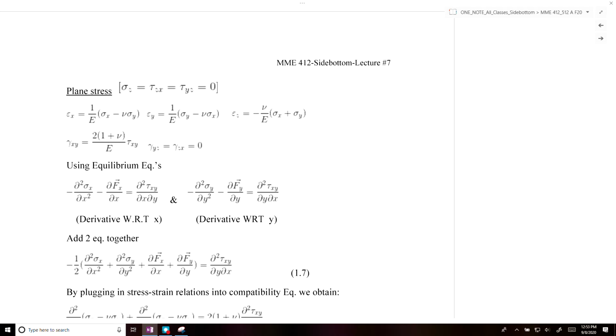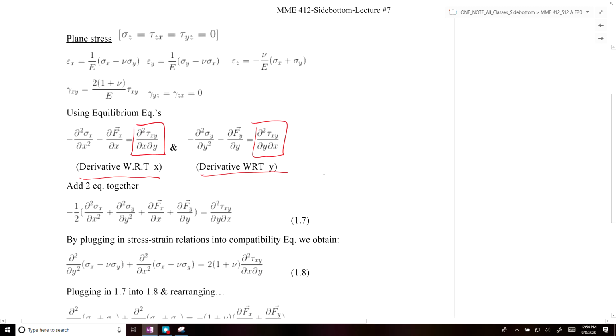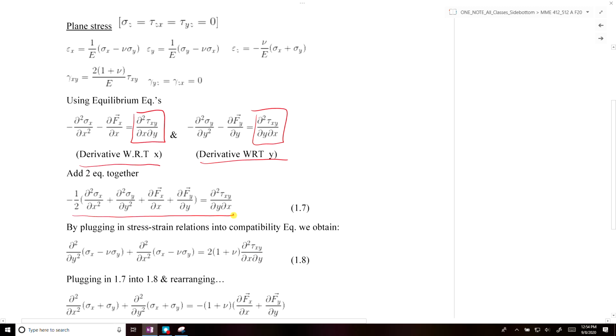So for plane stress, here are our equations that relate our stresses and our strains together. If we use the equilibrium equations on the last page, we can rearrange them to solve. We can take the derivative with respect to x of the first equilibrium equation, and for the second equilibrium equation we'll take the derivative with respect to y, and we'll solve them both in terms of d tau xy over dx dy. So we can add them both together, and we end up getting this as our final equation here.